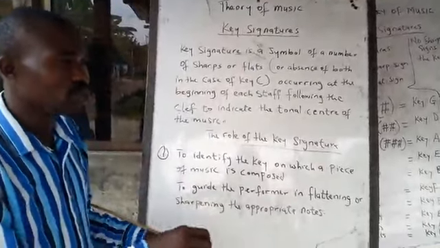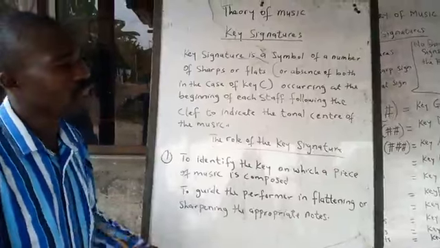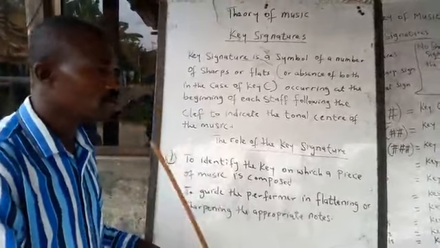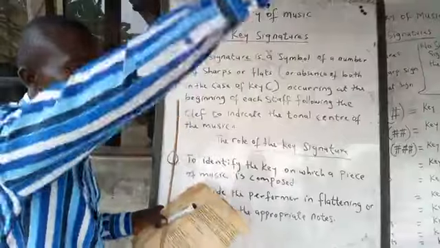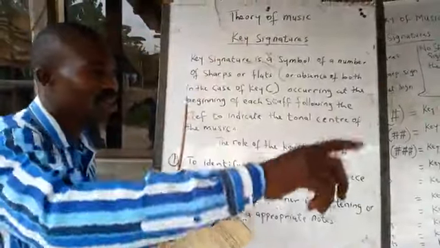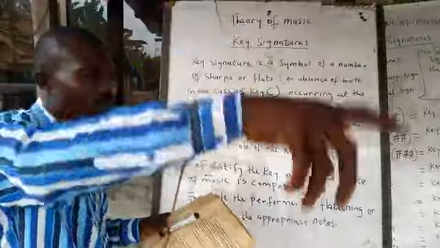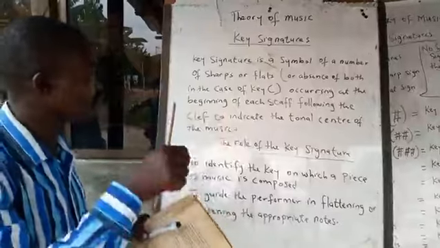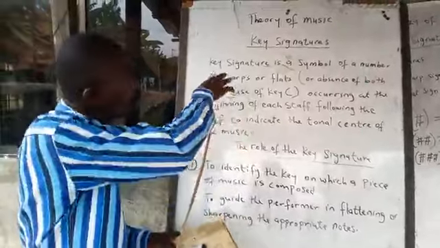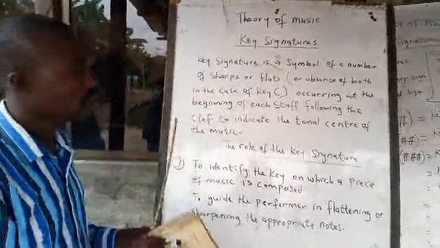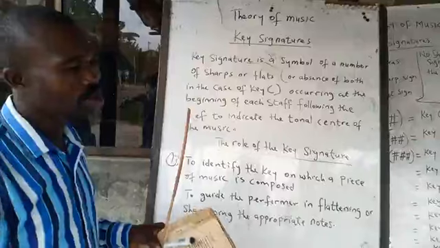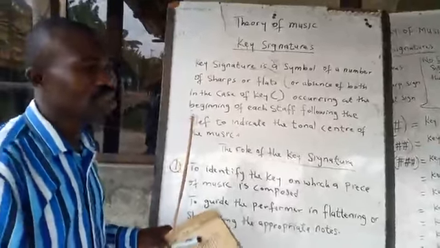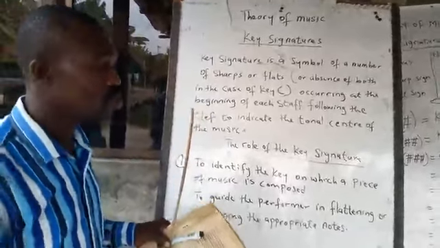So you who are going to work on that piece of music should be able to identify the key on which it is composed, so that it shows you the scale of the music, how the music goes up and down. The tonal center of that piece of music is hinged on the key signature. That is what we mean when we say this piece of music is on key D, this one is on key B, this one is on key C, and so on.